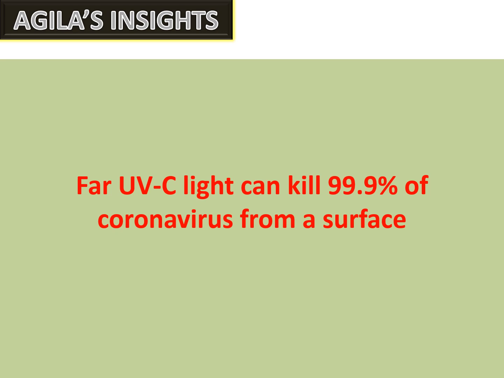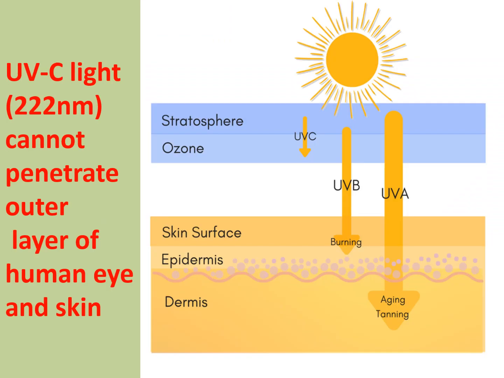The expert says that far ultraviolet C, that is UVC light, can kill 99.9% of coronavirus from a surface. Ultraviolet C, that is UVC light at the wavelength of 222 nanometers, cannot penetrate the outer layer of human eye and skin.